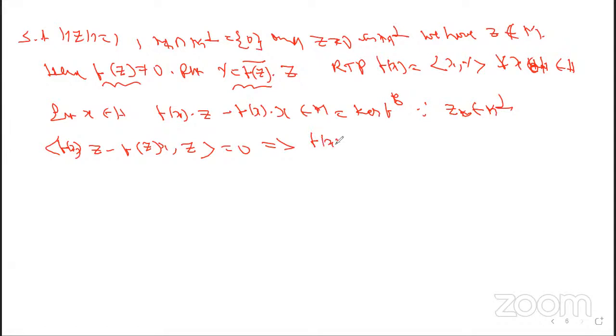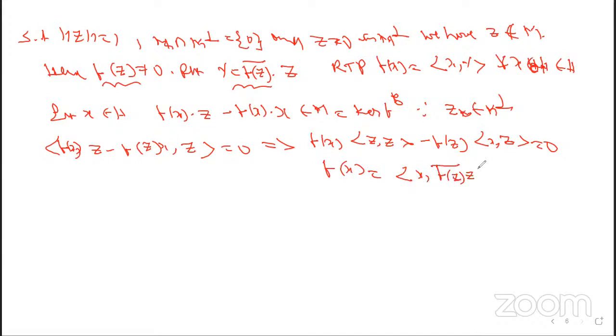That is, f of x inner product of z comma z minus f of z inner product of x comma z equals 0. Since norm of z equals 1, we can write f of x equals the inner product of x comma f of z bar times z, which equals the inner product of x comma y.